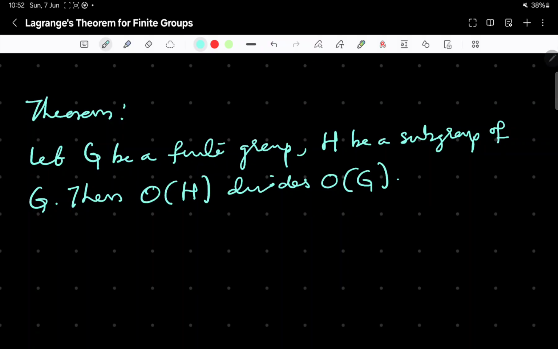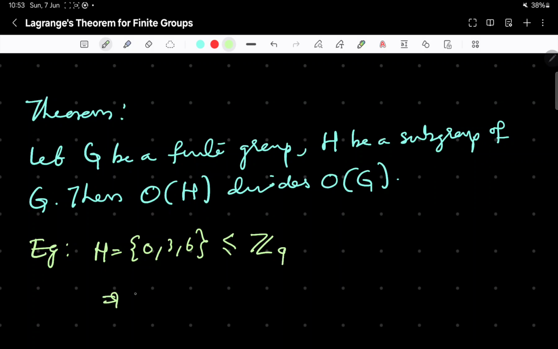So for example, you have seen H is a subgroup, right? Of what? Of Z9. And in this case, what is the order of H? What is the size of H?